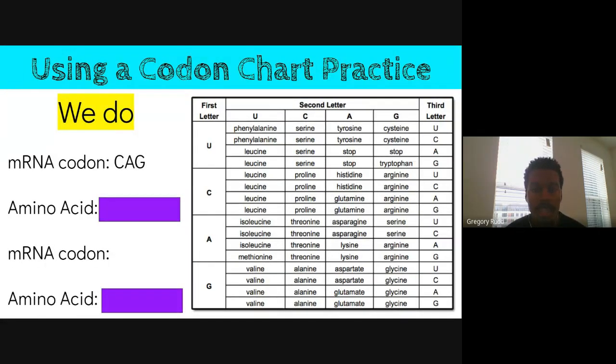Can anybody tell me what CAG codes for? And walk me through how you do it. Someone volunteer for us. Someone, anyone.